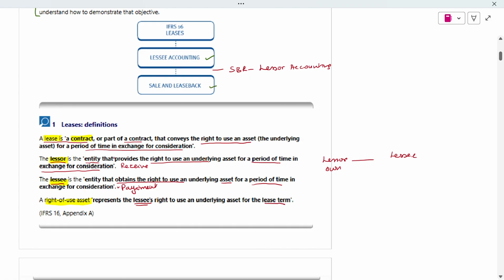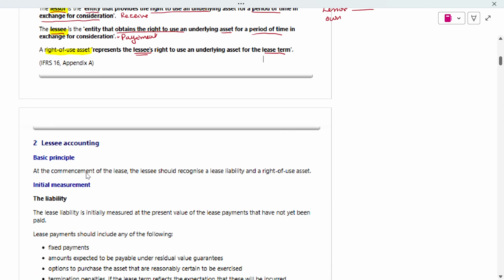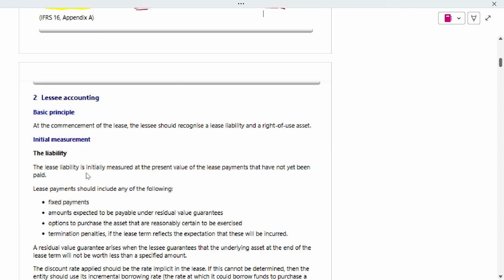So you have the lease, the lessor, the lessee, and the right of use of asset. Now, when you are talking about lessee accounting, assume you have taken an asset on a lease. At the beginning of the lease, you should know the lease liability, assume for 5 years.